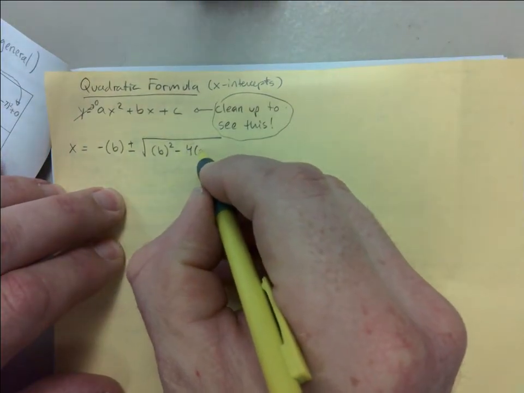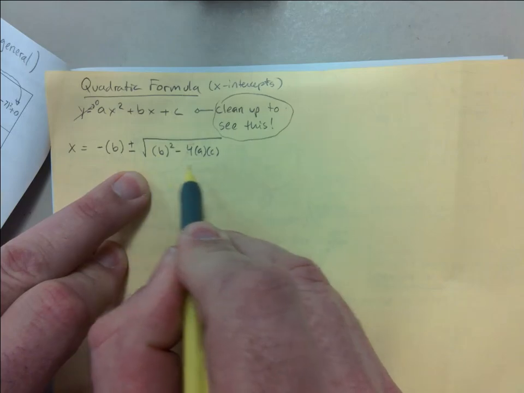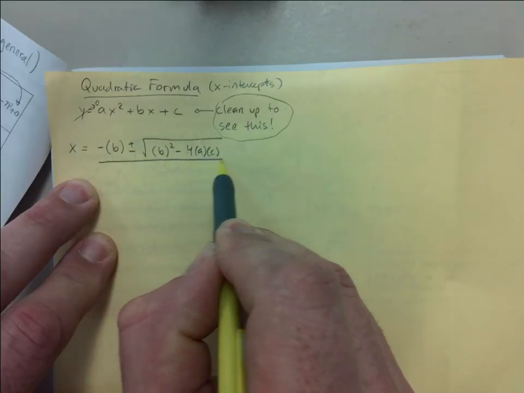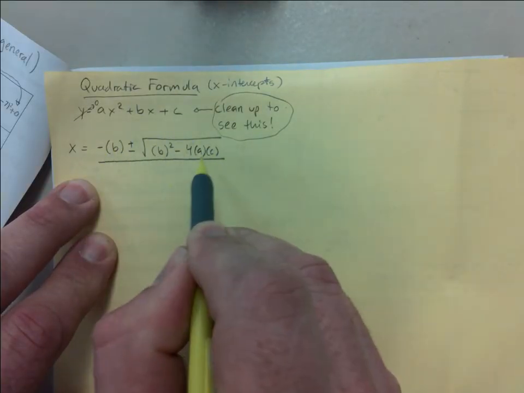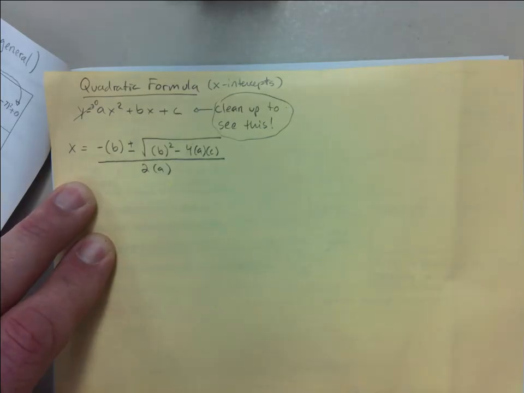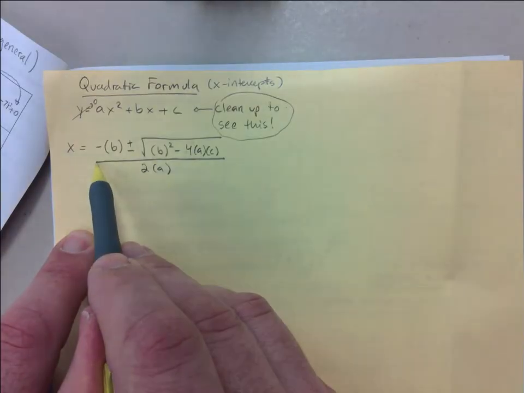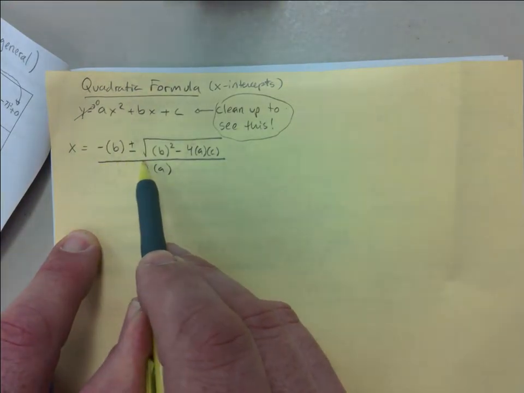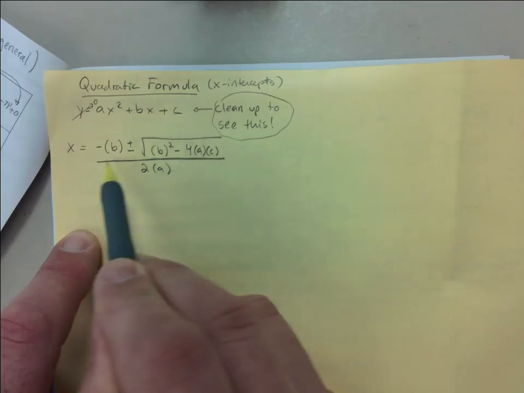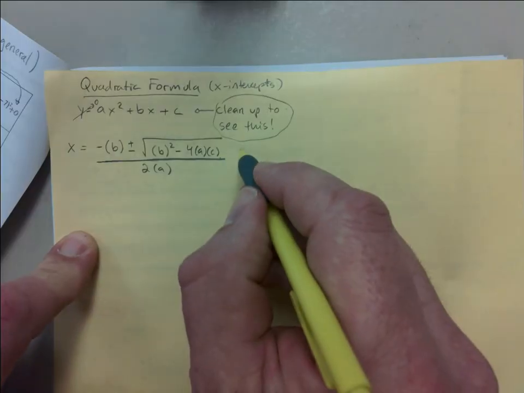Minus 4 times A times C. This part has a special name, and I'll tell you in a bit. Once you are done computing everything up top, you divide everything by 2 times A. Make sure this line goes from start to end, spanning the whole top. This is called the discriminant.